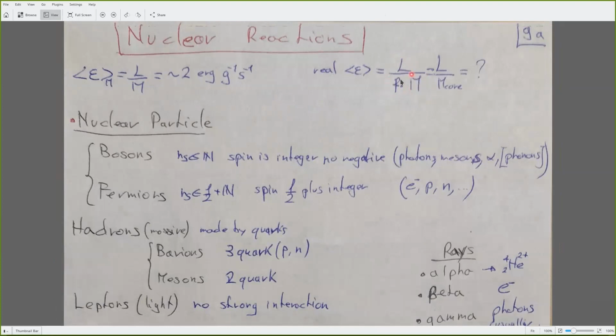It depends on the fraction of the mass that is the core, because the nuclear reactions are actually just in the core. So we have a mean value of 2 and a real one that we cannot determine from outside, but we can determine by doing some calculation. This also means that, since we know the luminosity, we can calculate approximately the mass of the core.